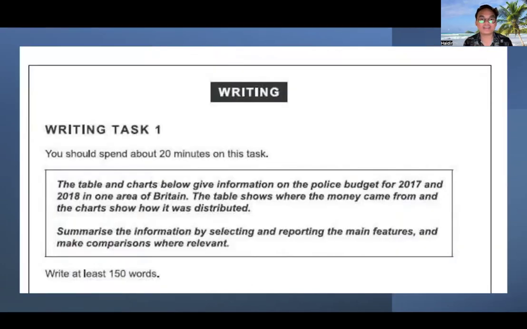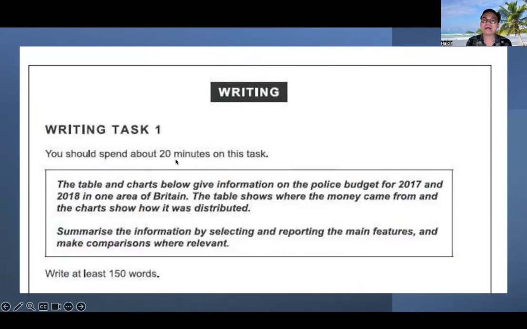But before that, when you're doing your IELTS Writing Task 1, you're gonna be given a prompt like this. It looks like this, right? So you have instructions here. How long should you finish this task? Yes, 20 minutes.